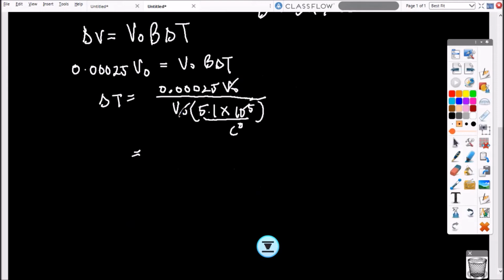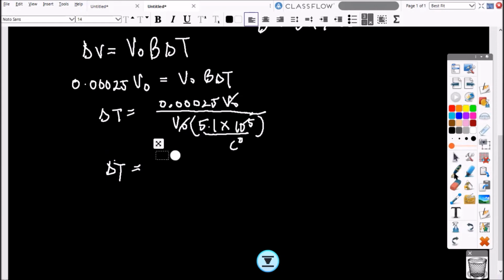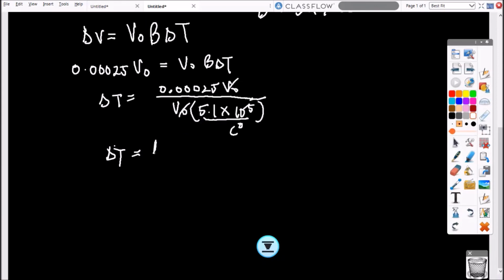Let us divide. Use your calculator to double check if it is correct. 0.0025 divided by 5.1 times 10 to negative 5. This is the delta T here. Delta T is 4.9 Celsius degrees.